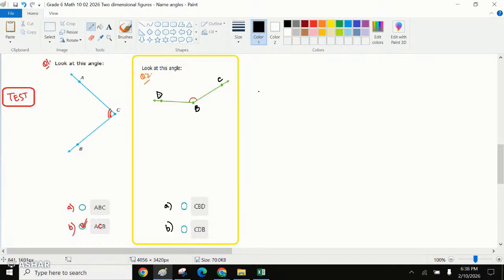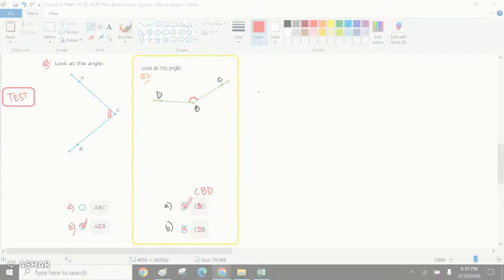If B is in the middle, Osman, what should be the answer? We can see here D is in the middle and here B is in the middle. So we cannot have this. It would be C, B, D, right? Okay, thank you. Let's have a look again. B was in the middle, so we point that out. We mark that vertex.